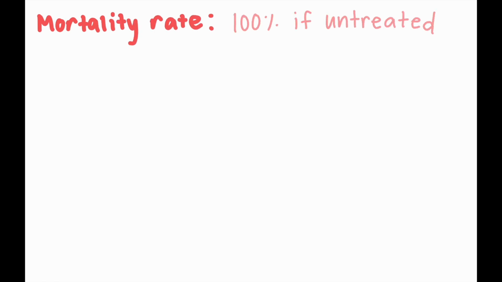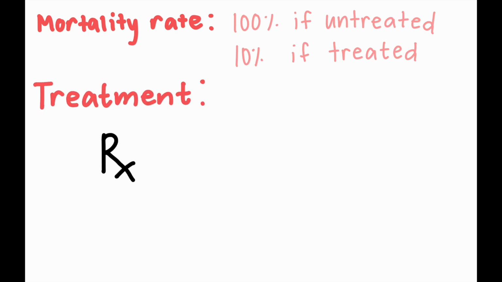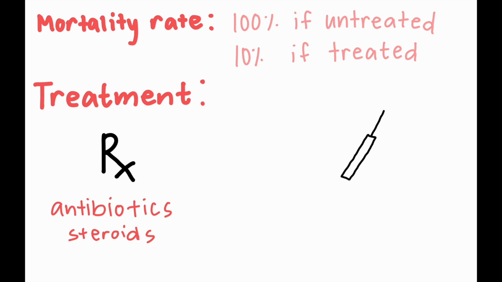If left untreated, the mortality rate is 100%. However, if treated, the mortality rate decreases to 10%. Luckily, meningitis can be treated with antibiotics and steroids to reduce inflammation. Vaccines also exist for preventing meningitis and are often given to young people.